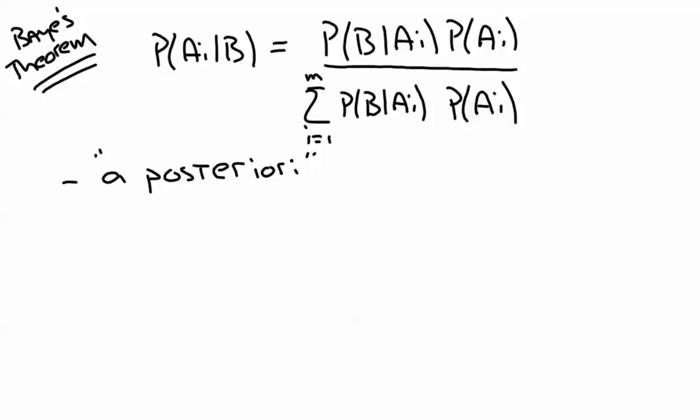A posteriori probability. The reason this is called a posteriori probability is because it applies after a chance experiment is performed.